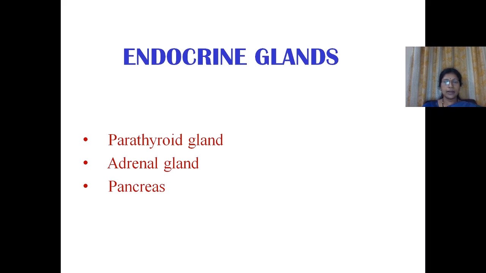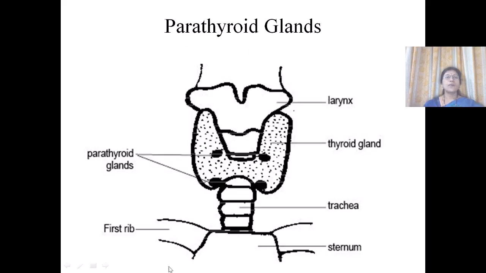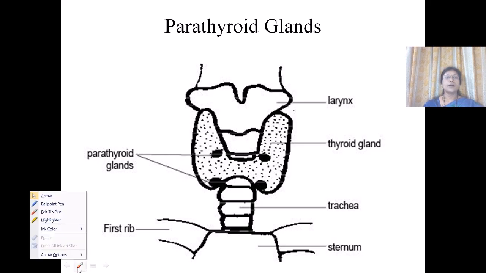The third gland is the pancreas, its structure, its function, and the disorders caused by over-secretion and under-secretion of pancreatic hormones. Now let us study the parathyroid glands.